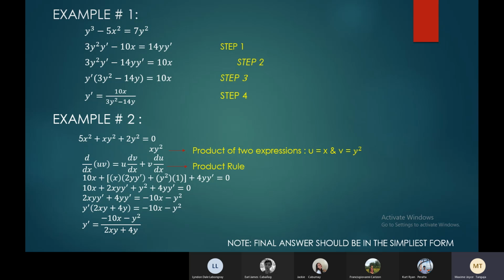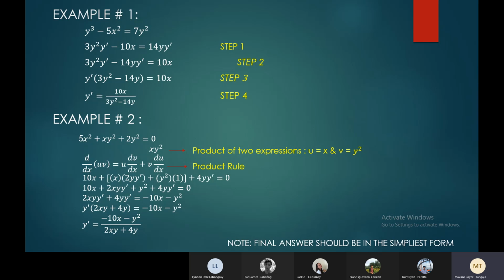Example number 2. Let's look at the expression. We see that there is an xy squared, which is a product of two expressions wherein u is equal to x and v is equal to y squared. So here we apply the product rule, d over dx of uv is equal to u dv over dx plus v du over dx.